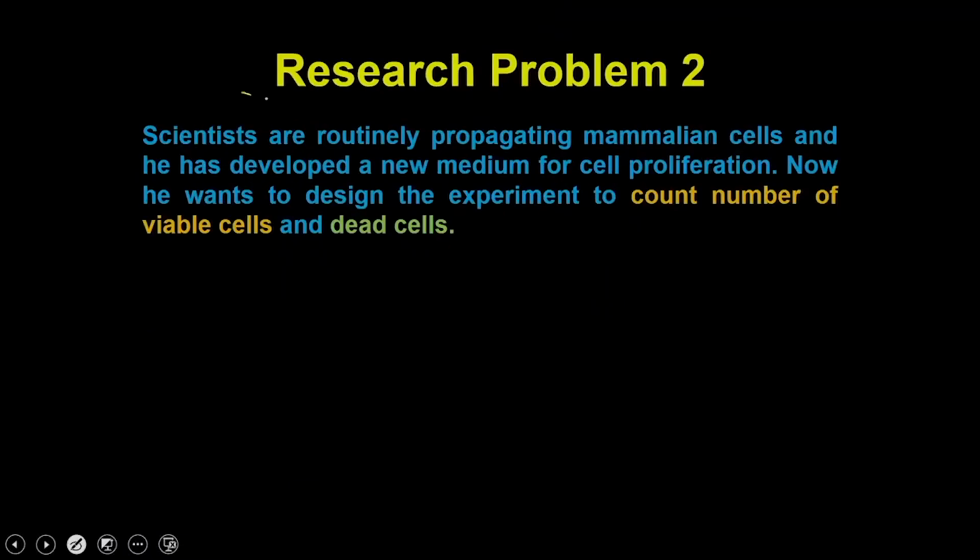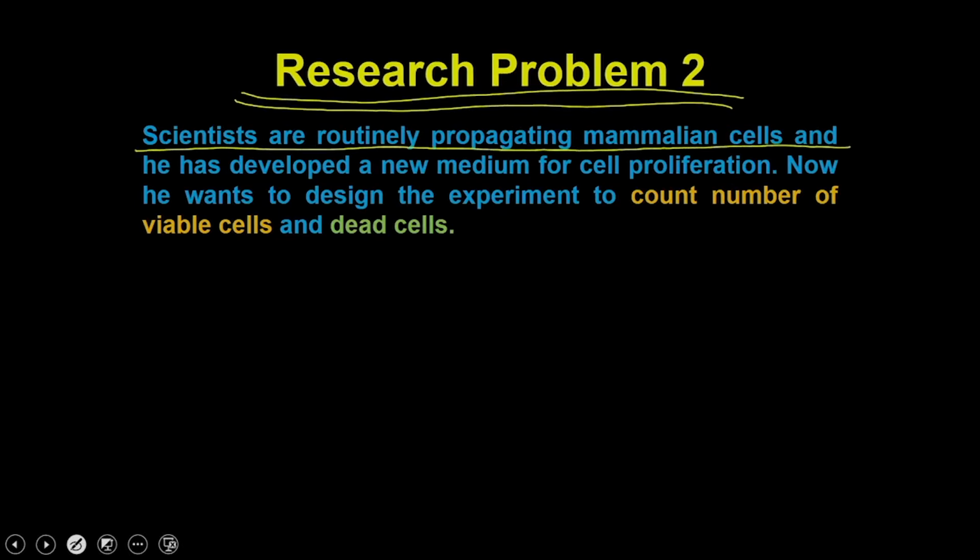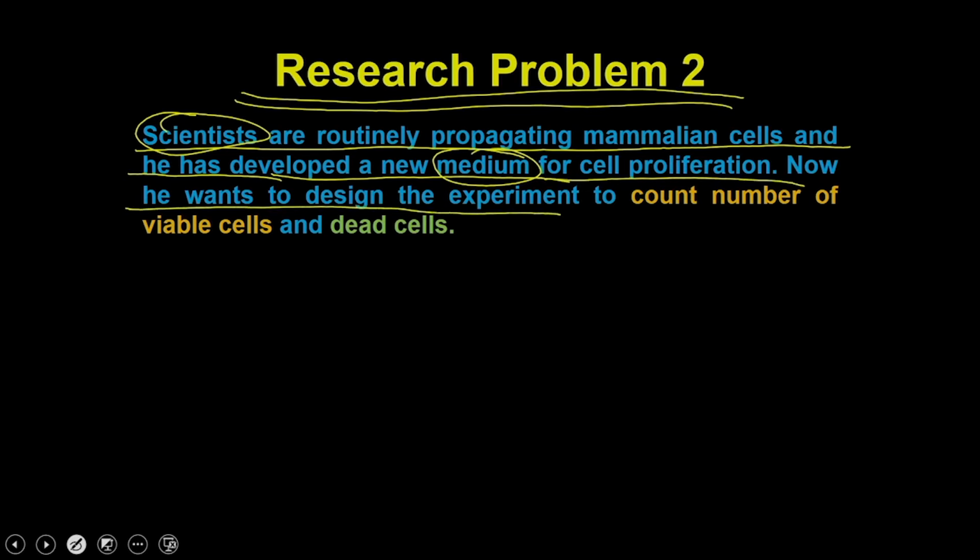Now, we will discuss research problem 2. In research problem 2, the scientists are routinely propagating mammalian cells, and the scientist has developed a new medium, which means a new media for cell proliferation. Now he wants to design an experiment to count the number of viable cells and the number of dead cells.